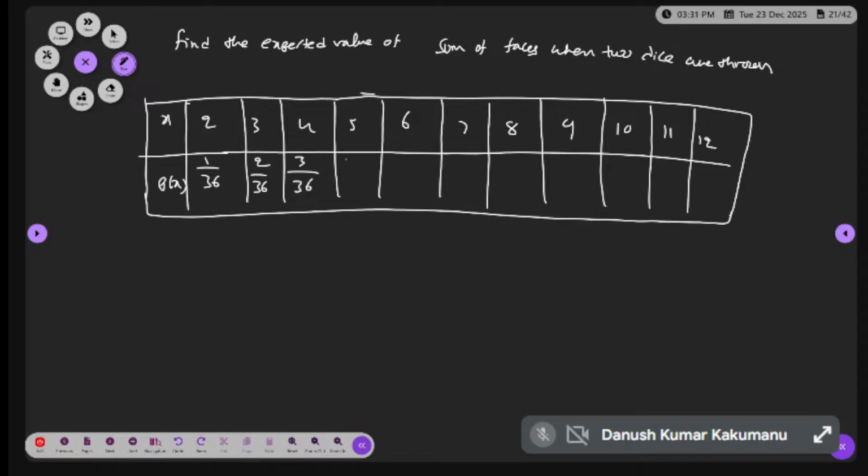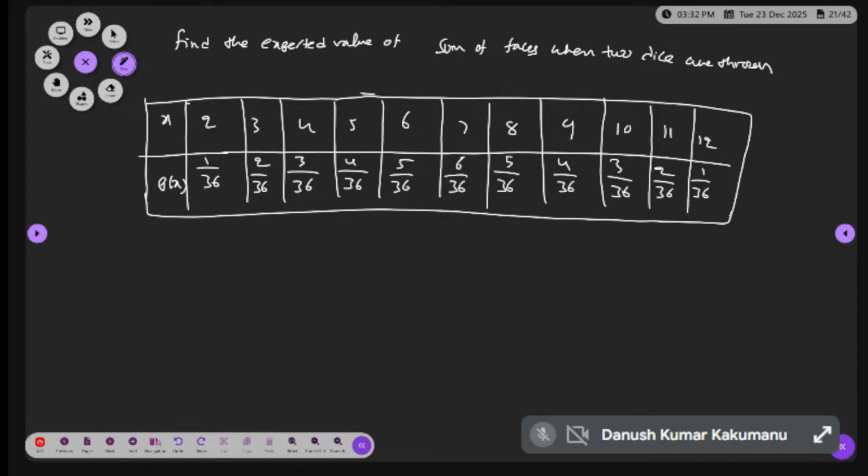For 5, 4 by 36. For 6, 5 by 36. For 7, 6 by 36. For 8, 5 by 36. Then 4 by 36, 3 by 36, 2 by 36, 1 by 36.